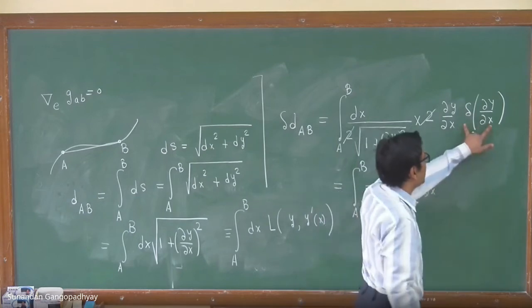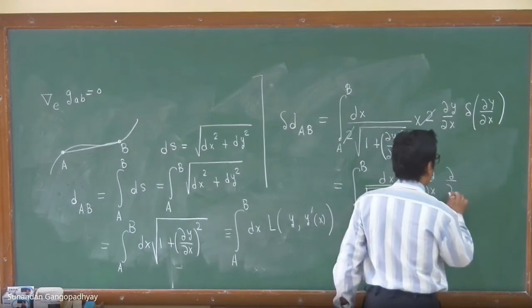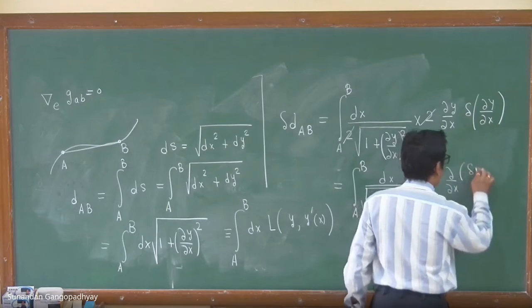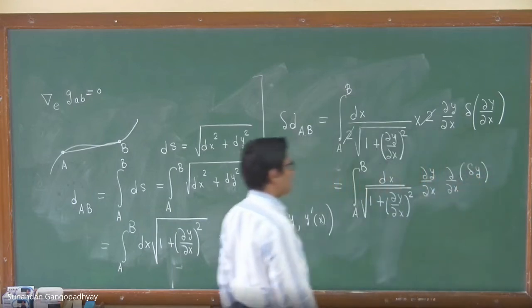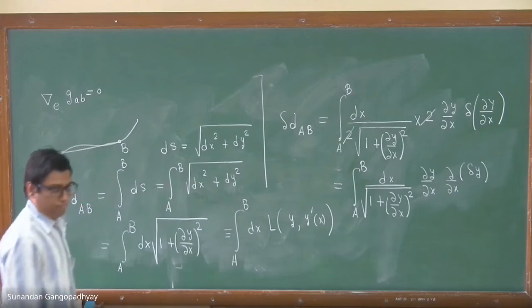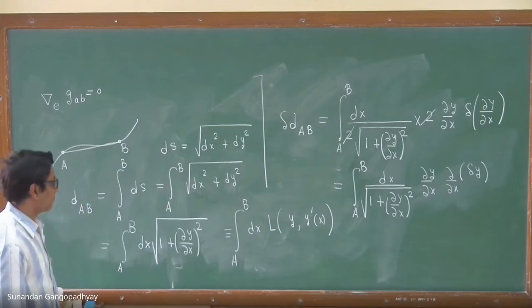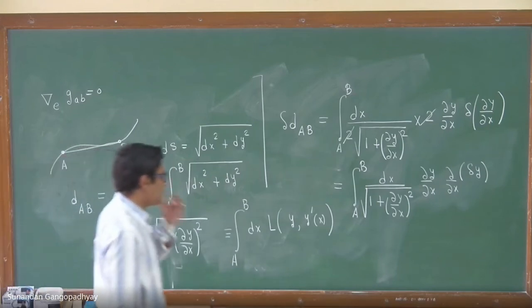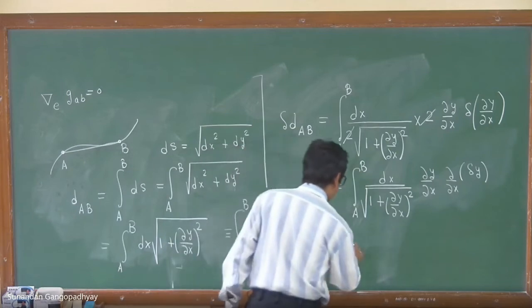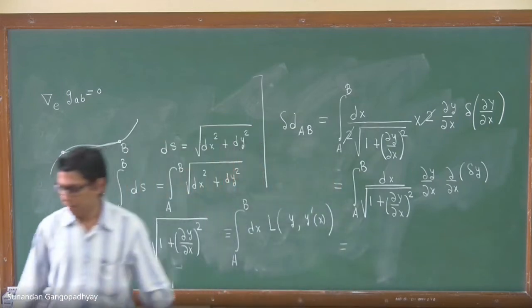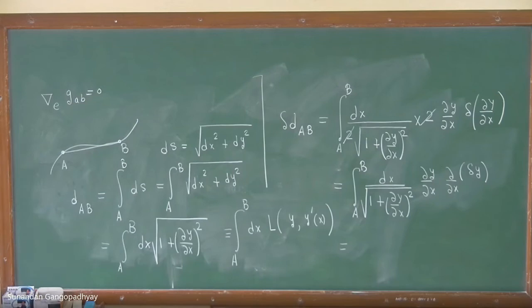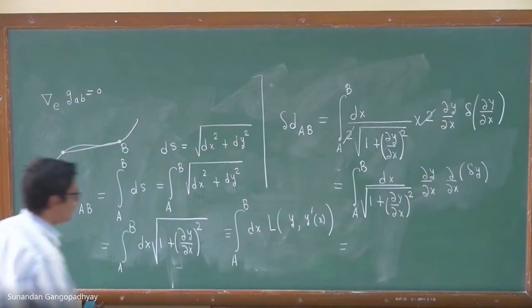Assume that the variation and the derivative commute. We have this. Now we have to take this outside.